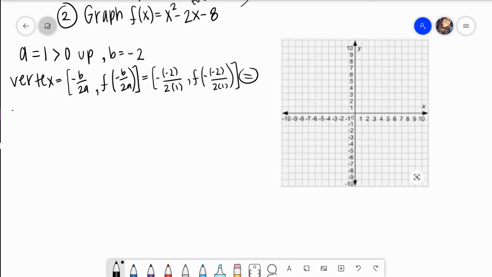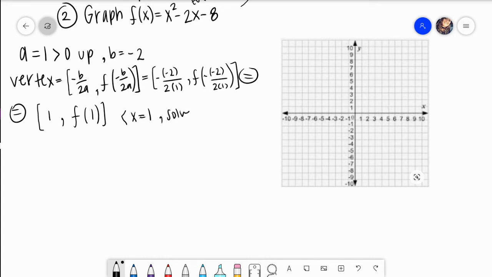If I look at my numerator on the left-hand side, I have a negative, which makes a positive. That would be a 2, right? And then the denominator, I've got 2 times 1. That's also 2. 2 divided by 2, I get a 1, comma. The math is the same inside of the parentheses here, so I get a 1. And I know from this that my x is going to equal 1.